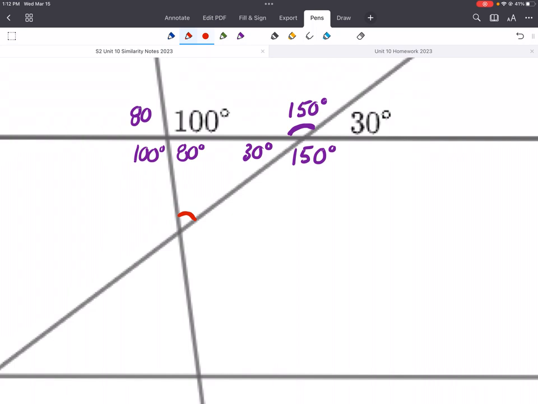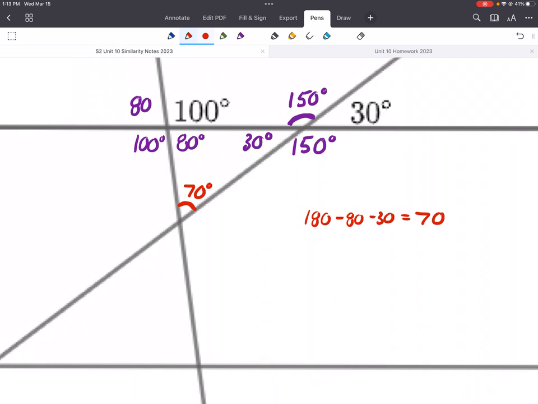Part of this triangle we already know, the 80 and the 30. So we could subtract 80 and subtract 30, and that would give us 70. So this angle has to be 70 degrees. Again, the angles of a triangle have to add up to 180, so 180 minus the two that we already know leaves us with the angle we don't know.